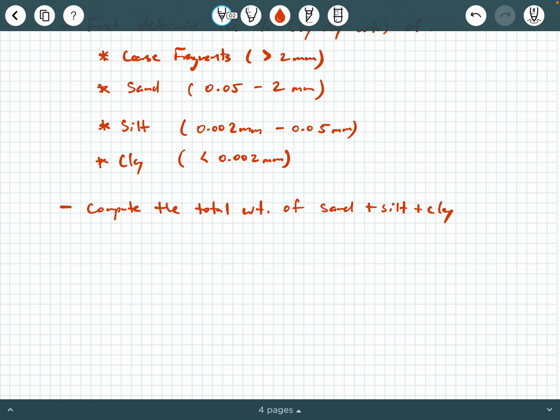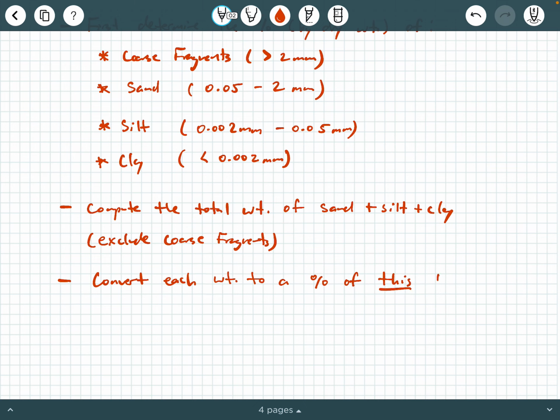Now, what does that mean? What we're doing is that we're neglecting or we're excluding the coarse fragments. So we're making a note here. We're going to say exclude coarse fragments, okay? And then what we do after that is convert each weight to a percentage of this total.